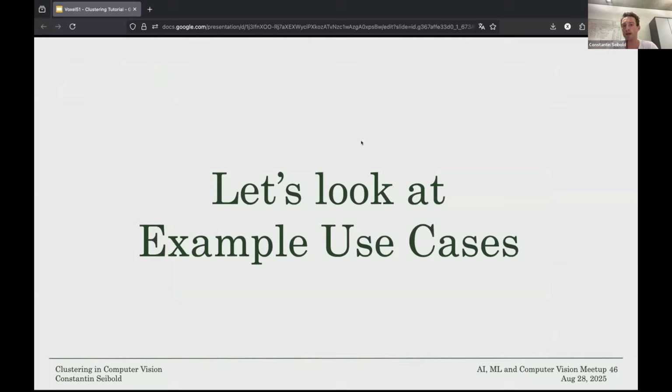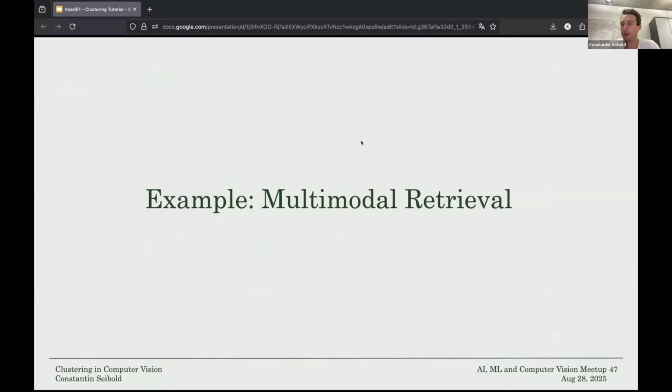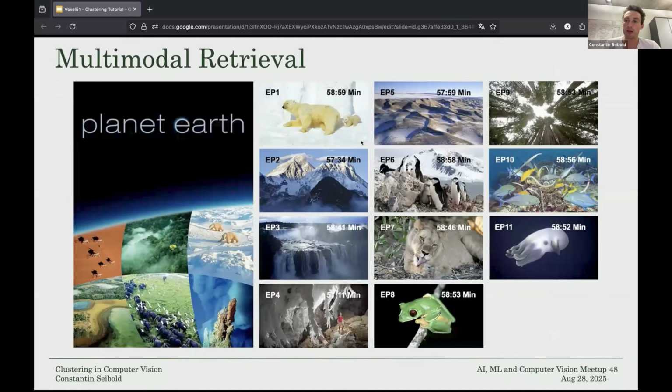But let's look at some computer vision use cases, right? One example to which clustering can be applied is multimodal retrieval. Assume you have a series like Planet Earth, where each of these episodes takes an hour, and you want to find a certain clip of something.